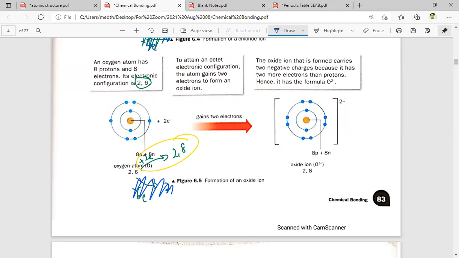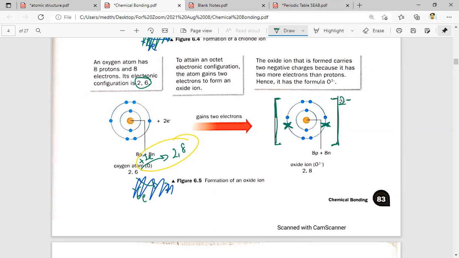As mentioned at the top, because it gained 2 electrons, we're going to show that 2 of the electrons are gained from elsewhere. So I'll change 2 of the dots to a cross. Next, because it's an ion now, I will put a square bracket. And because 2 electrons are gained, I'll put a 2 minus.